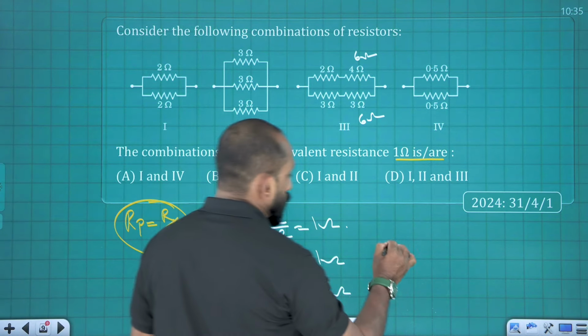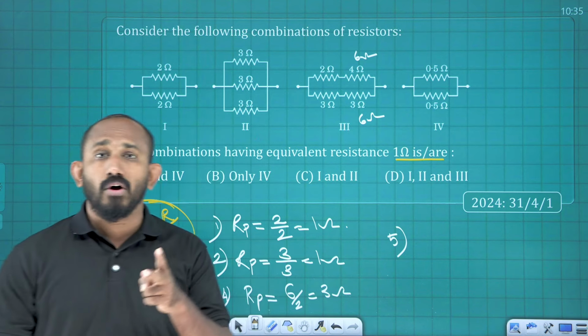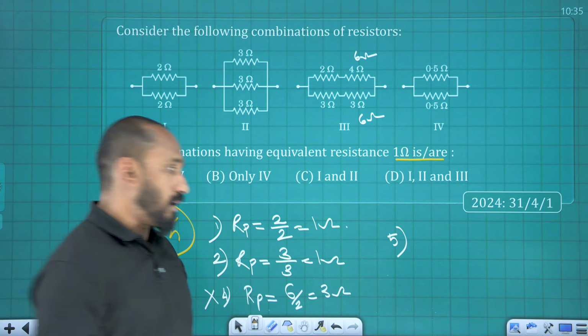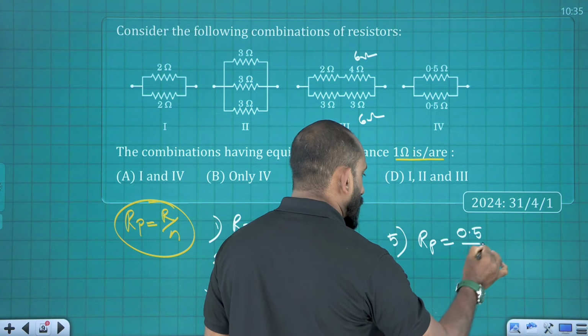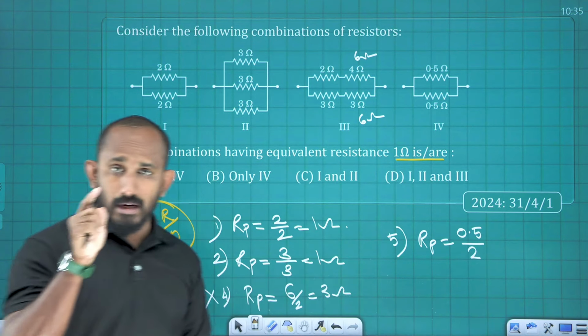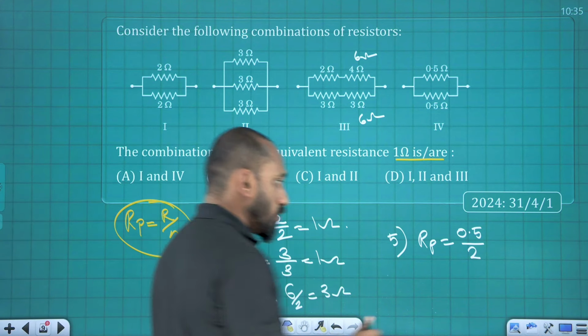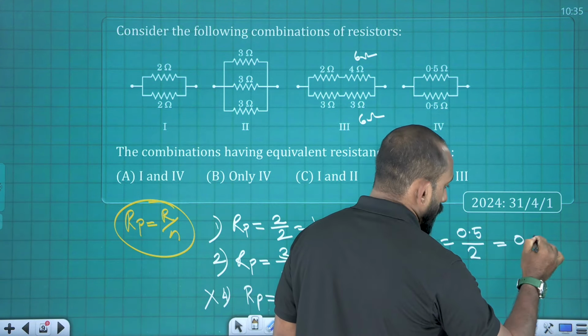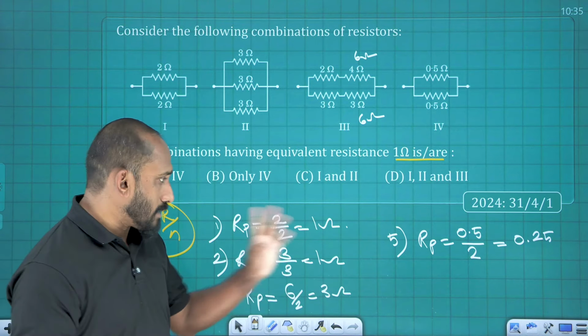Now check the fifth case. It is 0.5 and 0.5, 2 of 0.5 are there in parallel. So Rp is equal to 0.5 by 2. The value of 1 is 0.5, and how many are there, 2. So 0.5 by 2, that is 0.25. So that is not it.